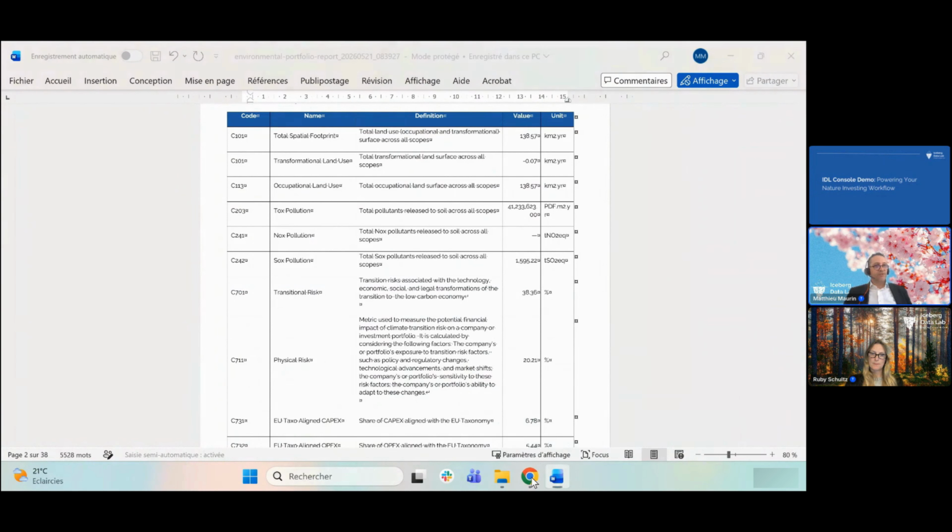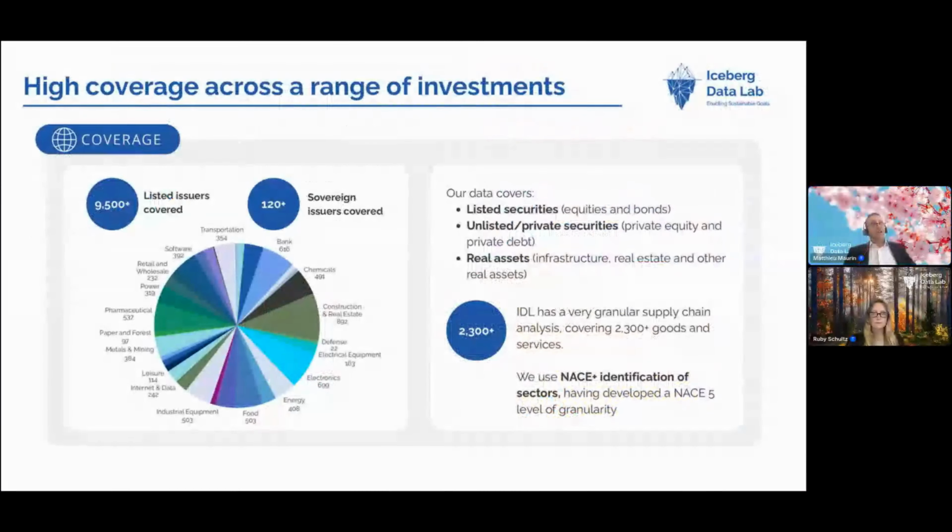So to come back to the presentation, to finish the demo, a few words about Iceberg Data Lab. In terms of coverage, our coverage is systematic. It does cover biodiversity, but also climate, regulated indicators, taxonomy, and so on and so forth.